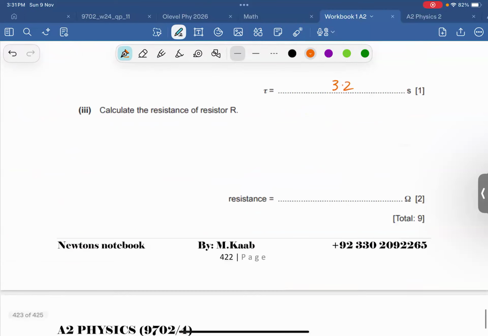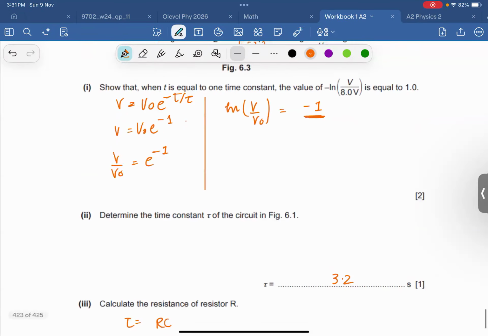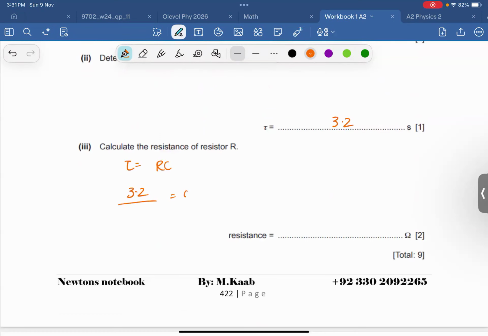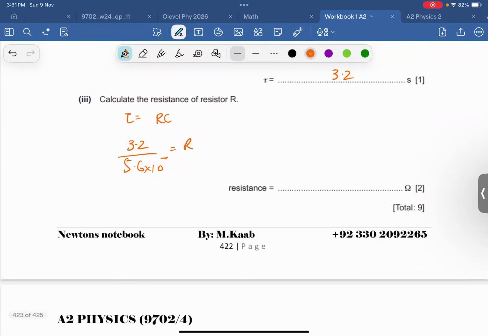So this is equal to 3 RC, and 3.2 divided by R, which is going to be found, and C is 5.6 exponent negative 6.